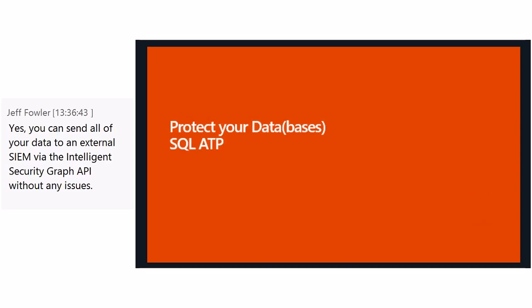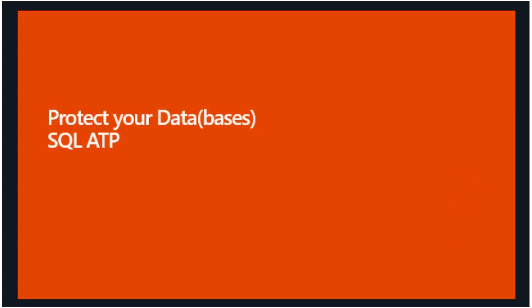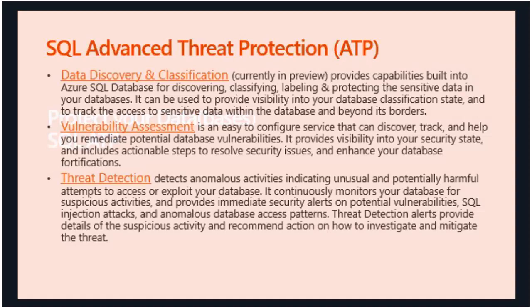So the ATP brand is only going to grow, and it basically means connected, intelligent security and protection services for those particular products. There are 3 pieces to SQL Advanced Threat Protection. It's data discovery and classification. That's currently in preview. It may have gone live. It's right on the edge, right? So I think it's any day now if it hasn't gone live yet.